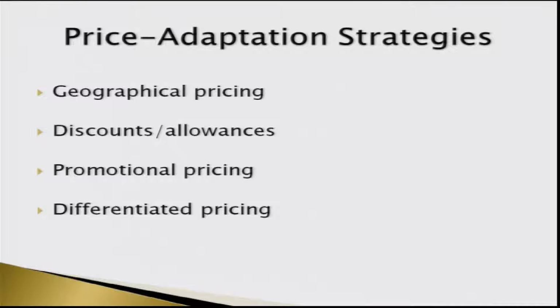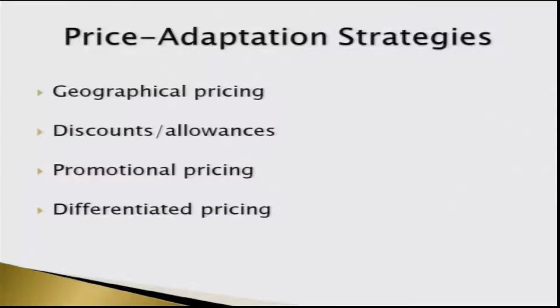So, one thing is that whatever price you set, you need to adapt your prices, and this price adaptation happens in terms of geographical pricing, in terms of discounts and allowances that you offer depending on the market and competition factors. Then you have promotional pricing and differentiated pricing.